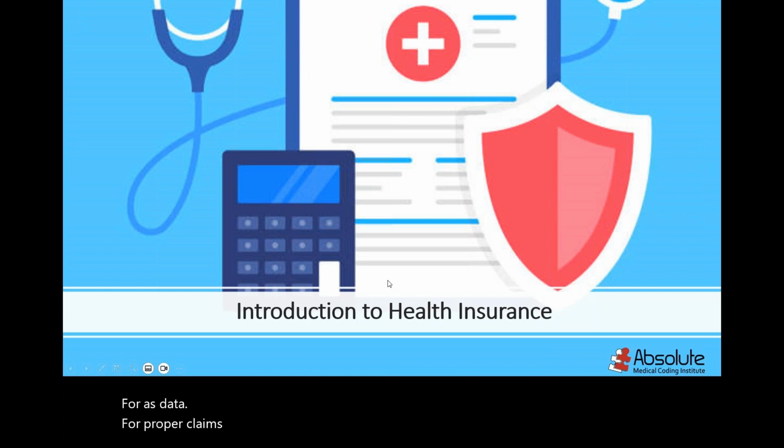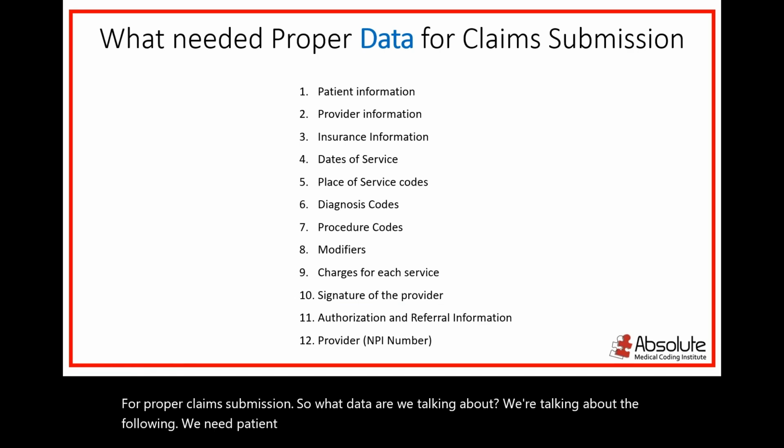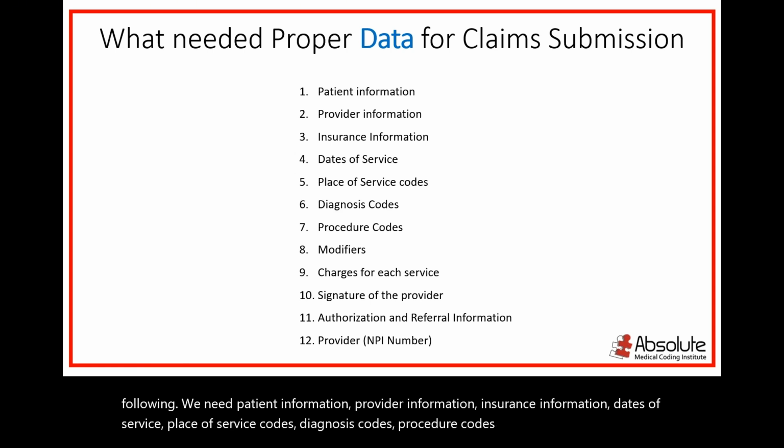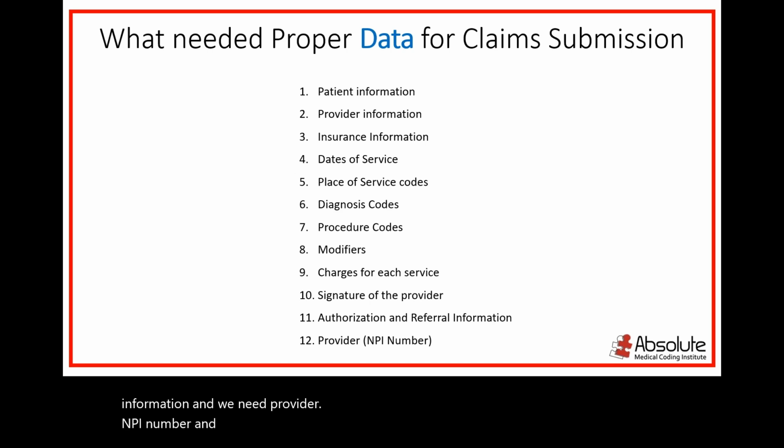So what data are we talking about? We're talking about the following. We need patient information, provider information, insurance information, dates of service, place of service codes, diagnosis codes, procedure codes, modifiers, charges for each service. We need signature of the provider. We need authorization and referral information, and we need provider NPI number. And we're going to talk about all of this, right?